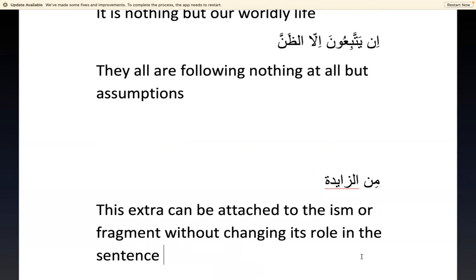Okay, but what can it do? What it does actually, it adds a new shade of meaning.